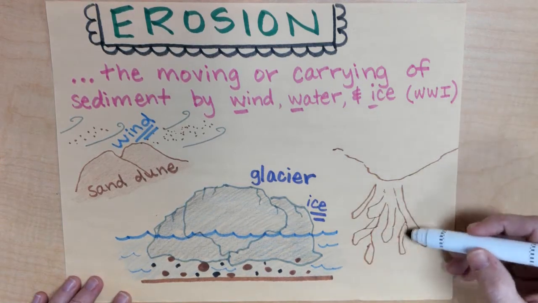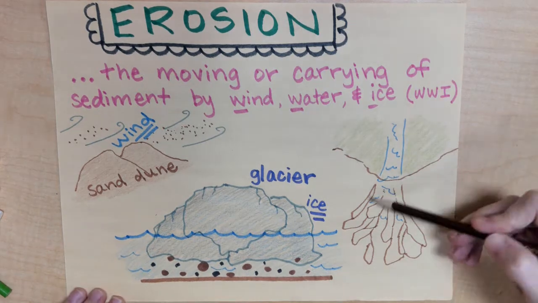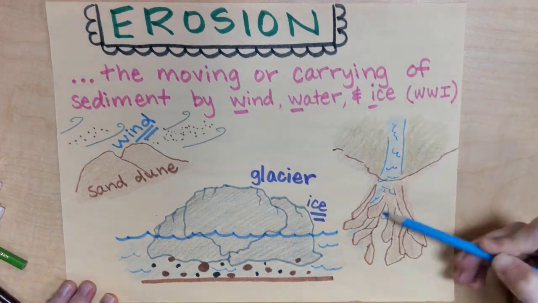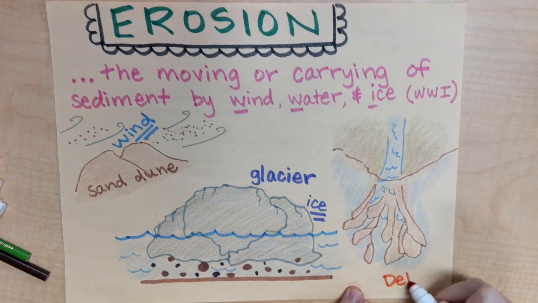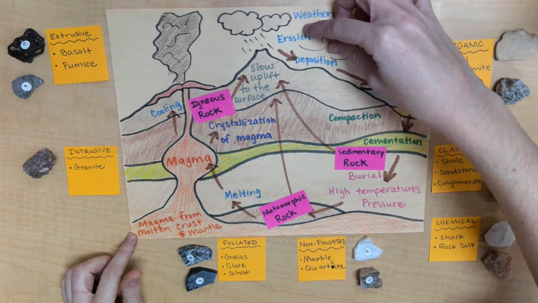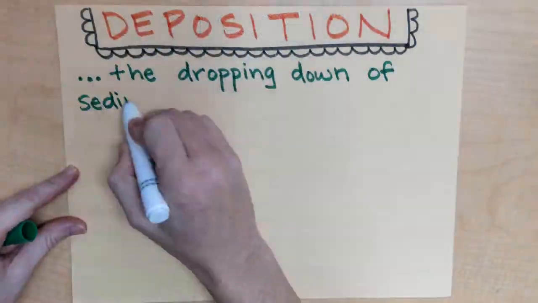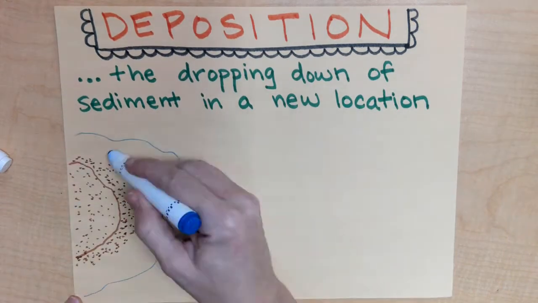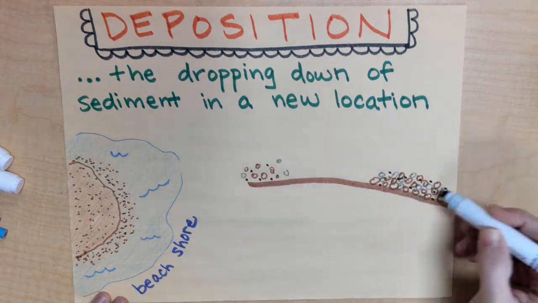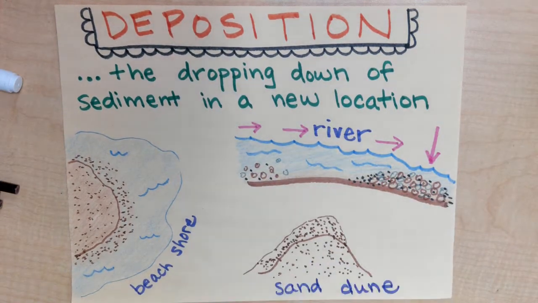Water is flowing from a river downstream, and those sand particles are forming a delta. So weathering has occurred, erosion has occurred, and deposition is the dropping down of sediment in some new location, either on the shoreline or a sand dune or a river.